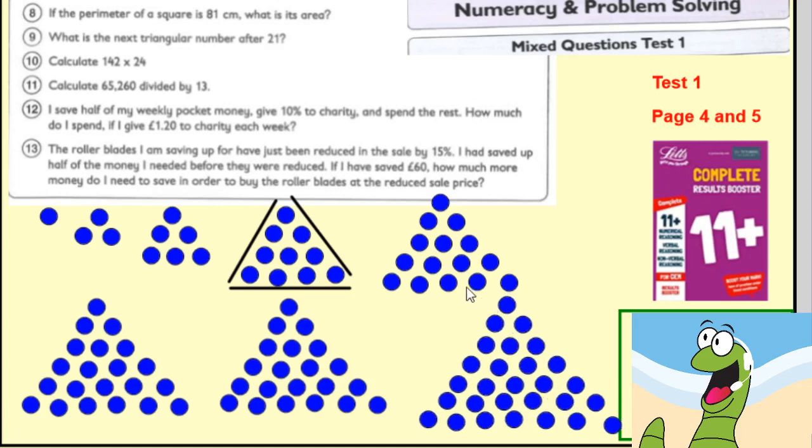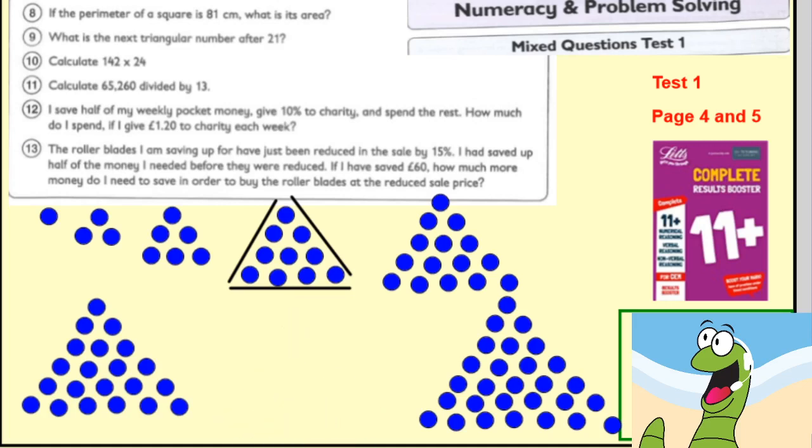So, I said that was 15. We've got 1, 2, 3, 4, 5, 6, 7, 8, 9, 10, 11, 12, 13, 14, 15, 16, 17, 18, 19, 20, 21. And it asks us what is the next triangular number after 21. So that's 21. And the next one, if I add another row again, 21, 22, 23, 24, 25, 26. Hang on a second. What have I done?